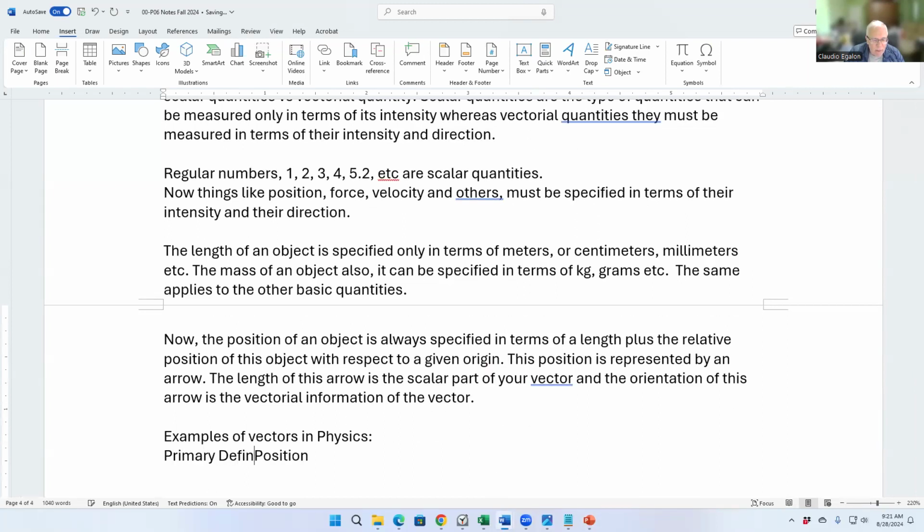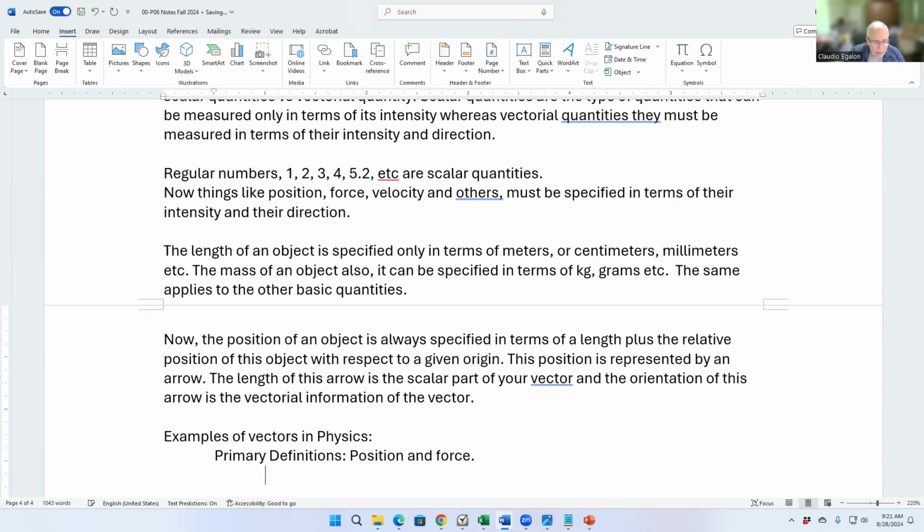The primary definitions are vectors, position, and force. You can only talk in terms of force if the force is upwards, downwards, sideways. Force is not a scalar quantity, it's a vectorial quantity.